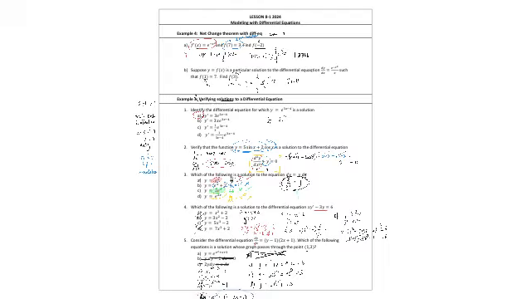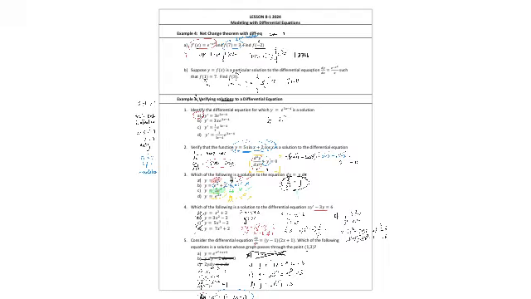Let's check c. For c, the y equation is 3e to the x squared plus x. So the dy/dx is 3e to the x squared plus x times 2x plus 1. That's my left side of the differential equation, and I'm now doing y minus 1 times 2x plus 1, which is the right side.